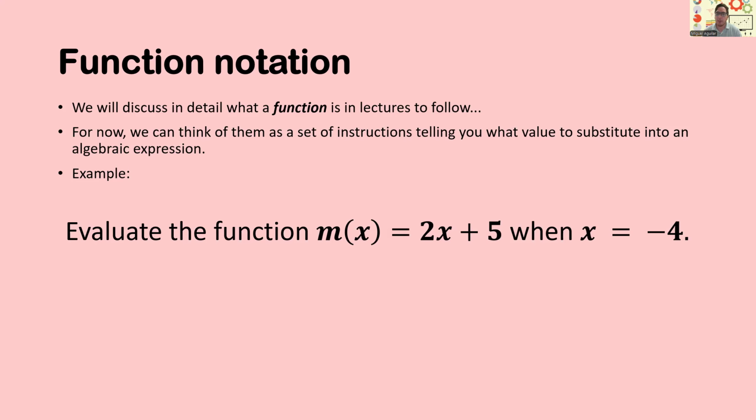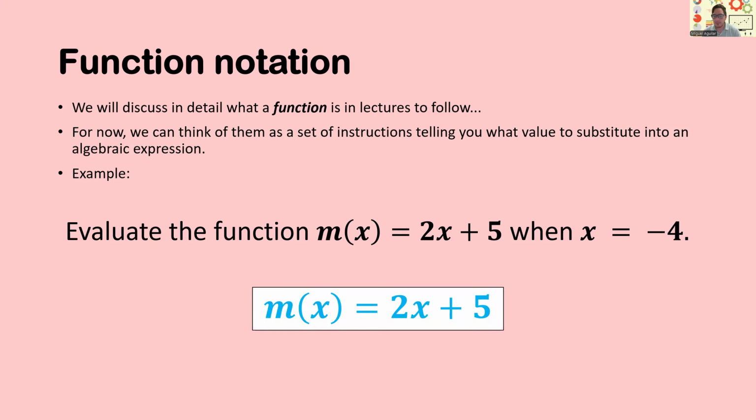So when you see a function, you want to focus on this part, right? The function here, m, is the name of the function. That is my terrible handwriting. That's the name, and that name can change. Sometimes we put f of x, sometimes g of x, h of x.